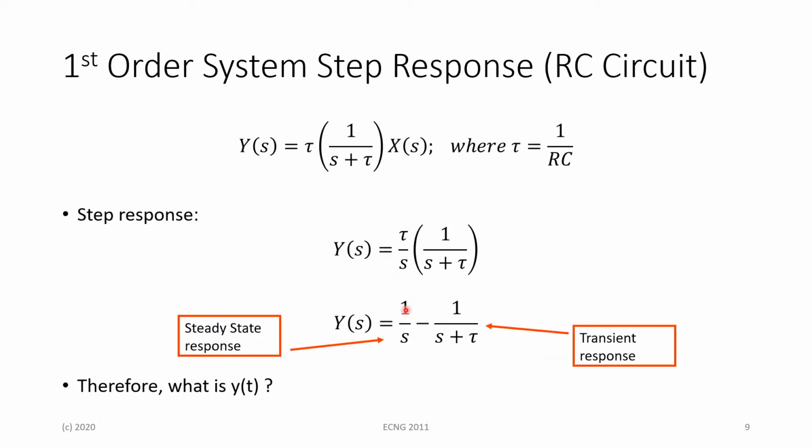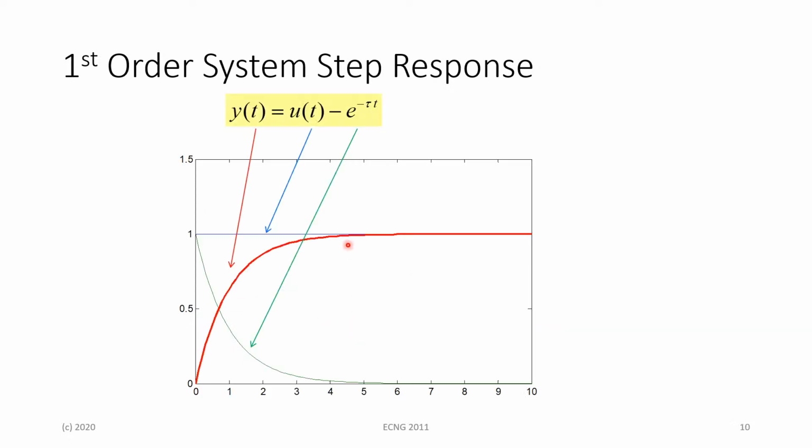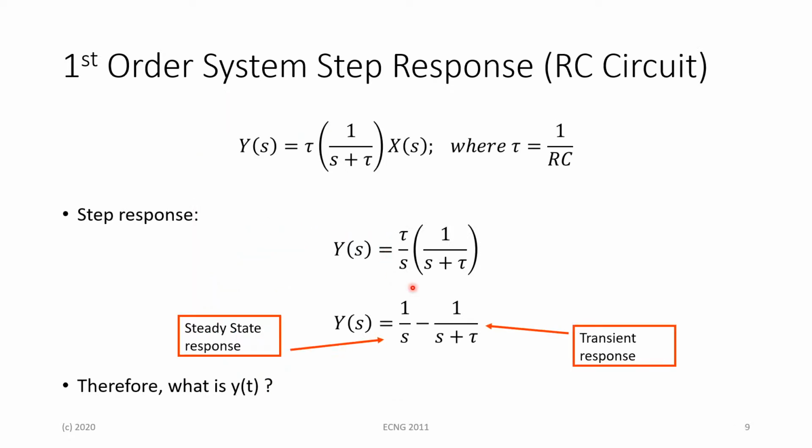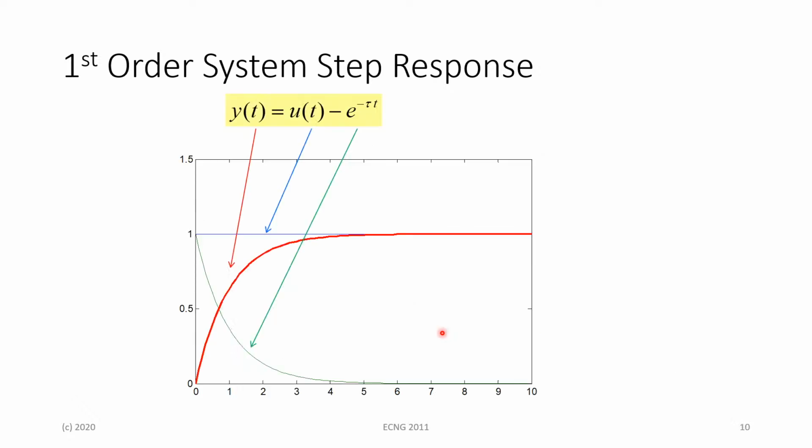So the 1 on s component, being a steady state response, will transform to u of t, giving us this unit step for t more than or equal to 0, with a value of 1. And our transient response, which has the root on the denominator, gives us our negative decaying exponent graph.